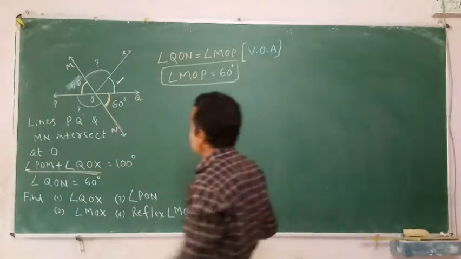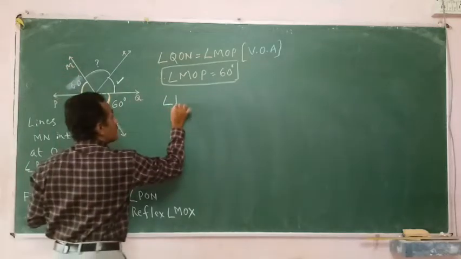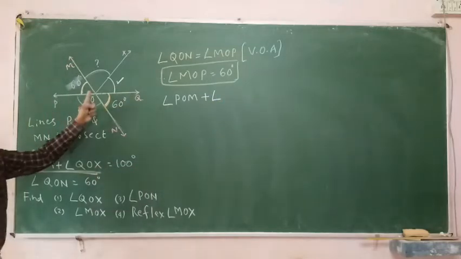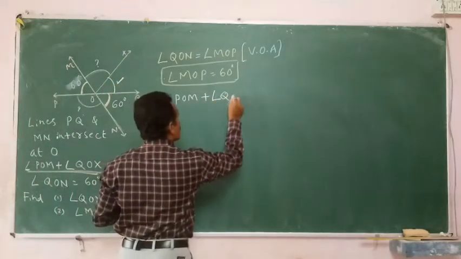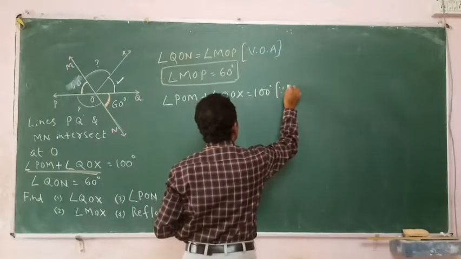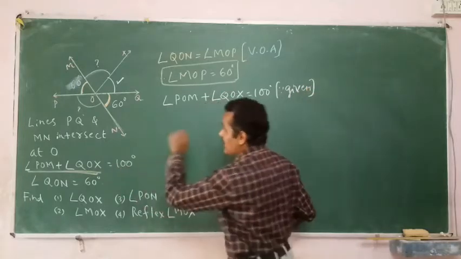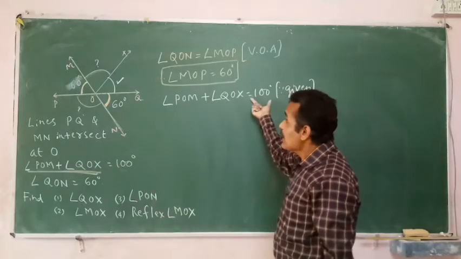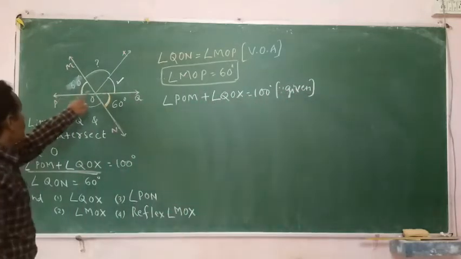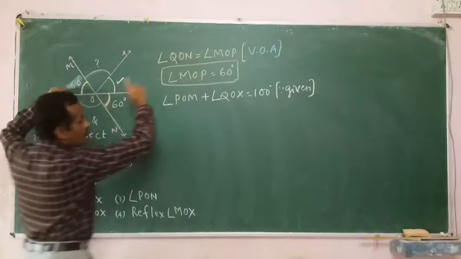I can write like this. Angle POM plus angle QOX, because here already it's given that together it's 100 degree. Out of this which angle you know? Just now you have found angle POM is 60. POM, MOP, POM are the same.